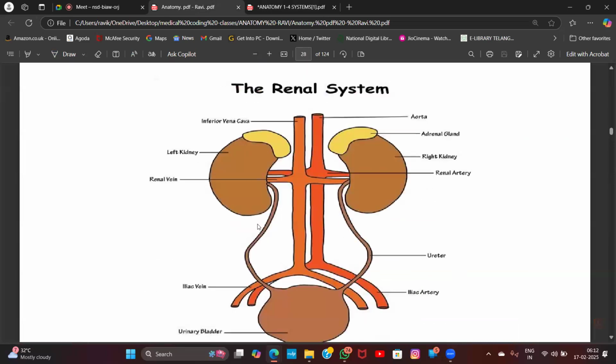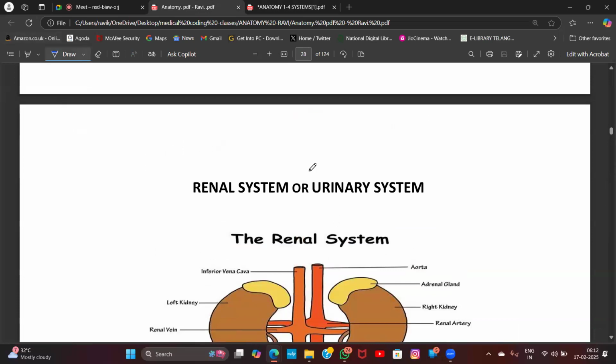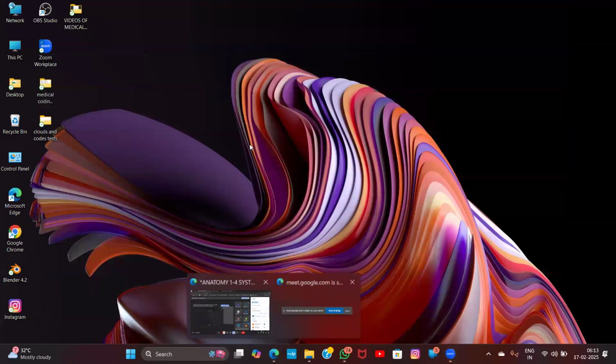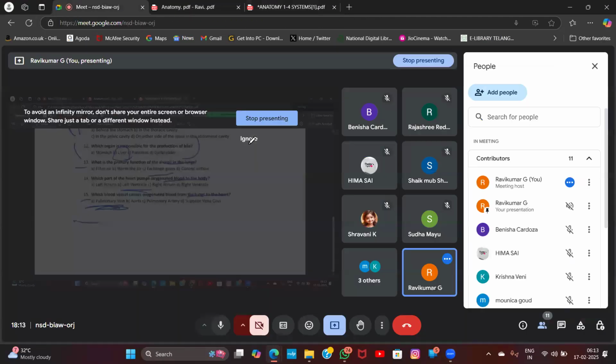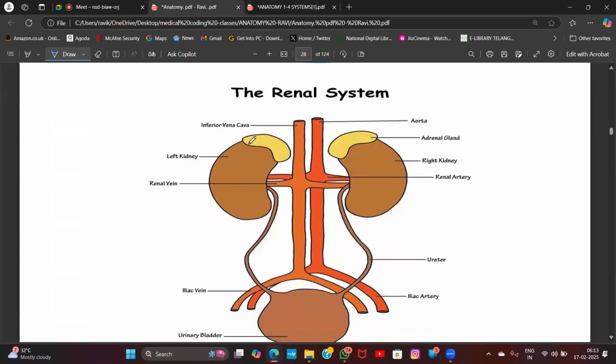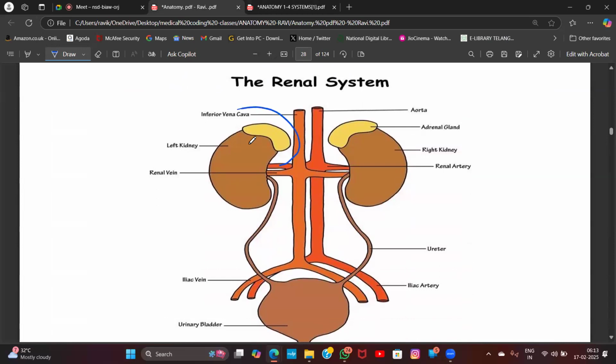In the renal system, or urinary system, we have a pair of kidneys.